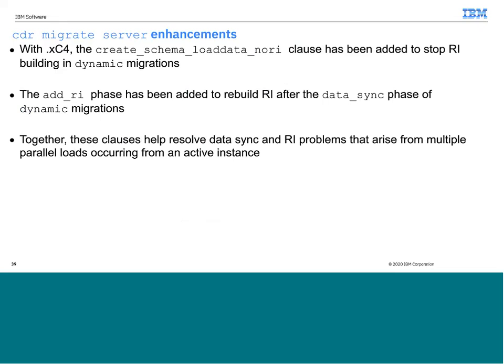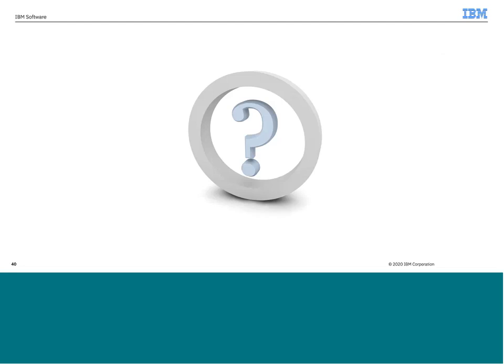And what these two do in combination is help resolve data sync and RI problems from occurring in these dynamic migrations. So again, nice piece of functionality. Again, something you want to test and understand fully, but kudos to Nagaraju and the team for getting this done. So that's that piece of functionality.